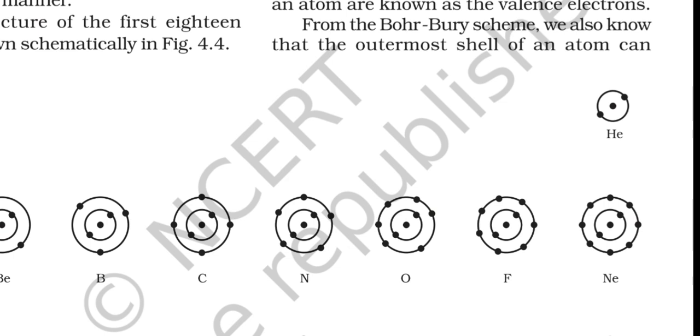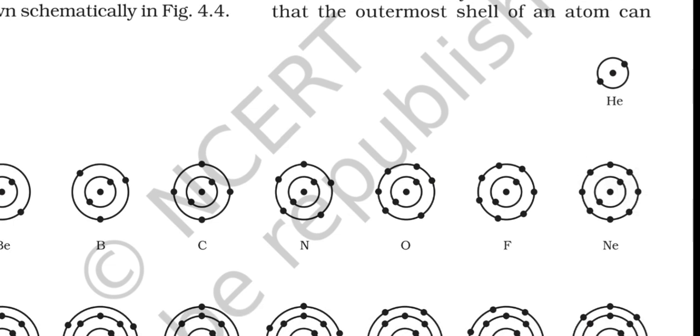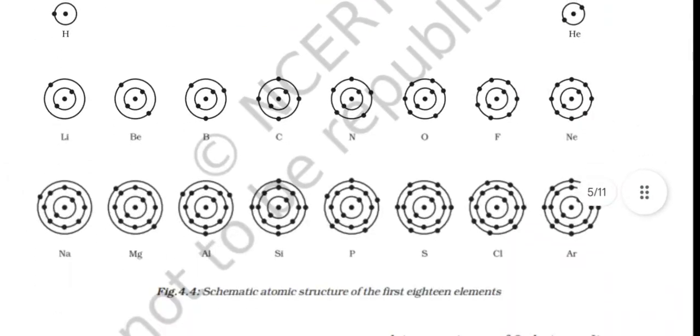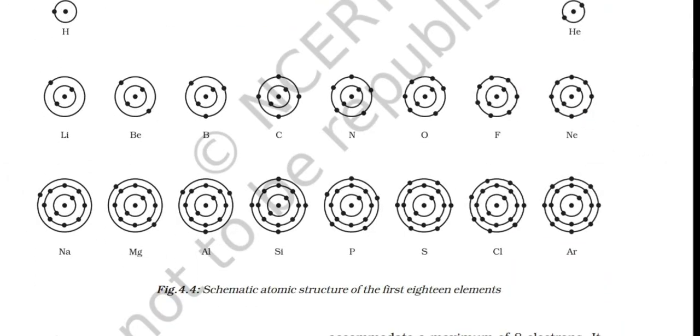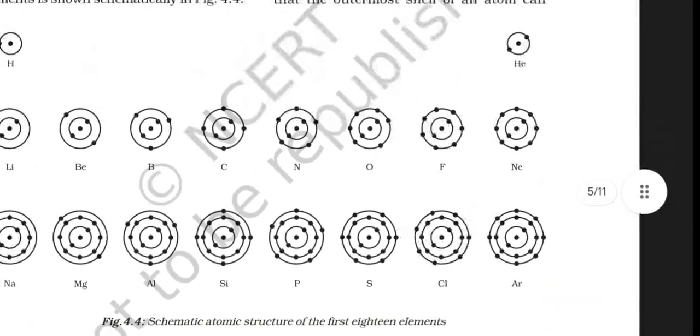If you see another atom, suppose oxygen, how many electrons are present outside? 1, 2, 3, 4, 5, 6. So those are the valence electrons. The electrons present in the outermost shell are known as valence electrons. In this picture, the systematic atomic structure of the first 18 elements is given.